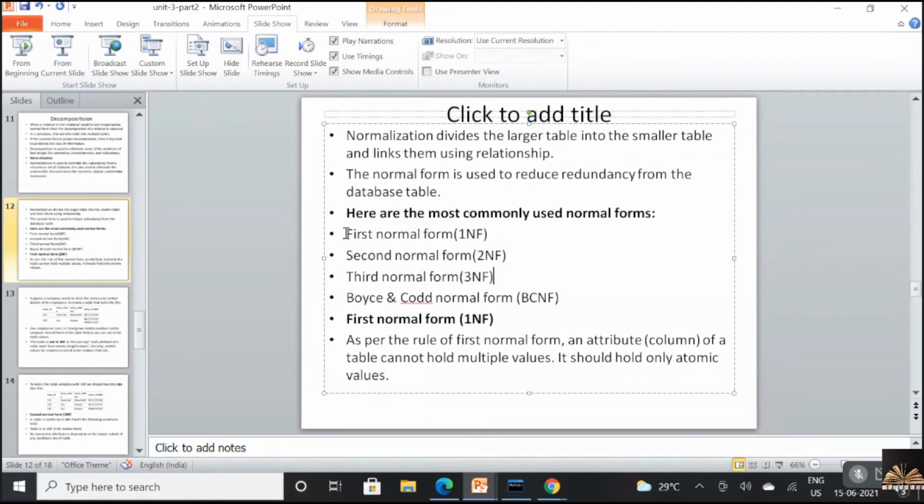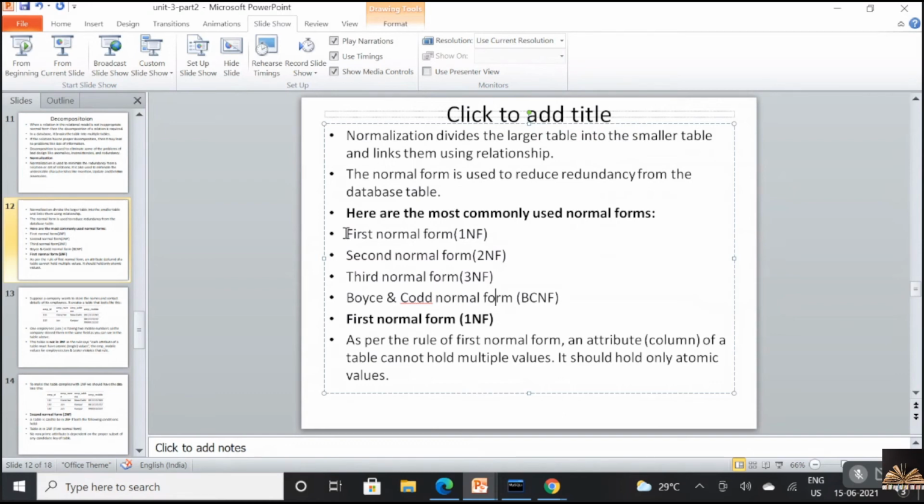If you are able to normalize the database until the third normal form, it is more than enough. Sometimes you might go to BCNF, Boyce Codd normal form, which is a stronger version of third normal form. Then you have 4NF, fourth normal form, and lastly fifth normal form, 5NF. These are the different normal forms you are going to study.